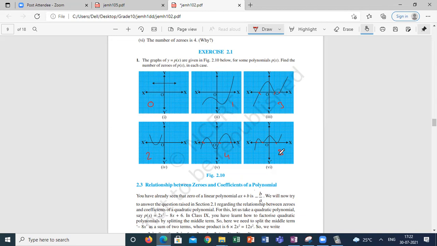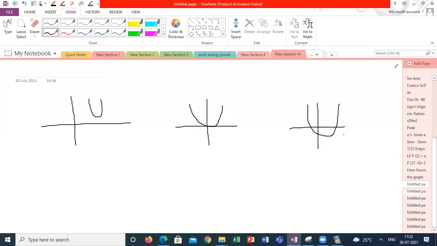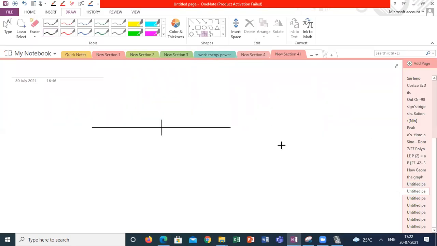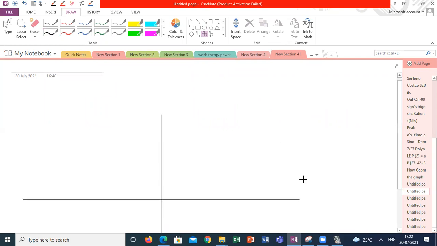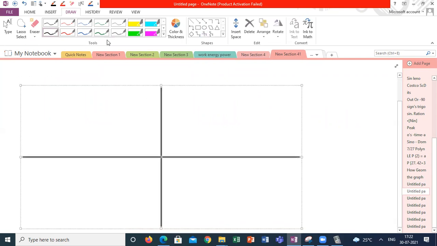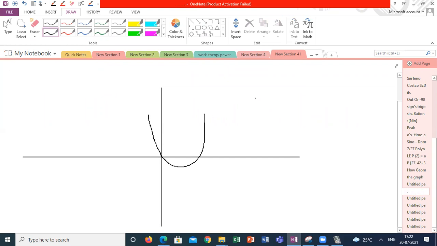Suppose the parabola is intersecting like this, if this is my coordinate axis. Your P of x is 0 at x equal to 0, and at some other point, some value.